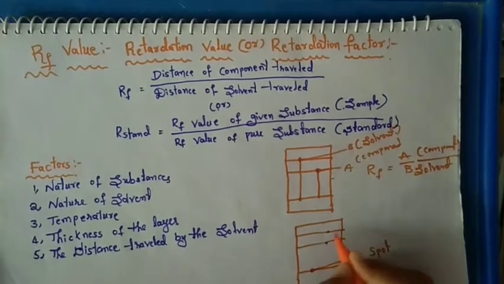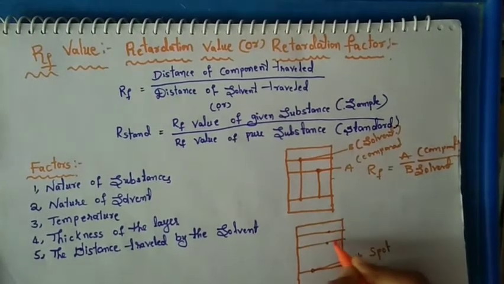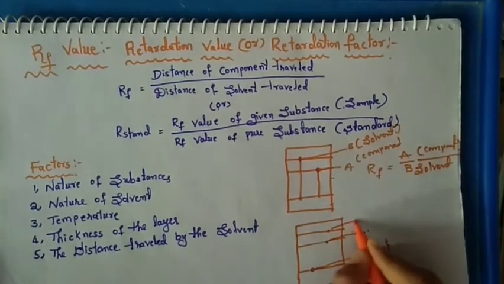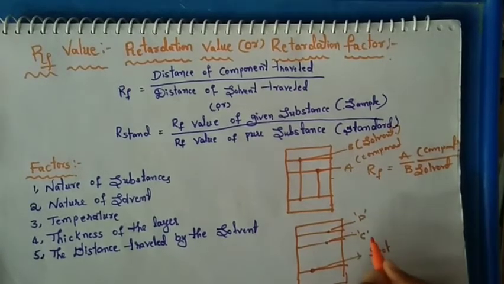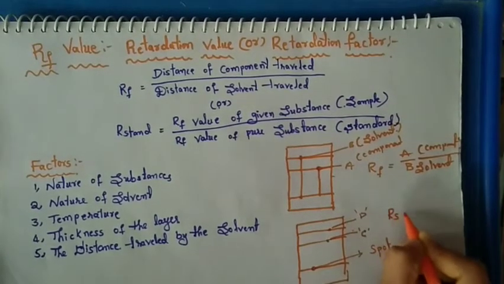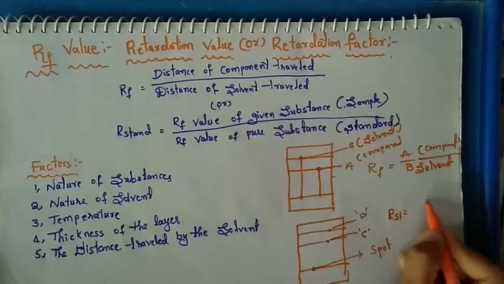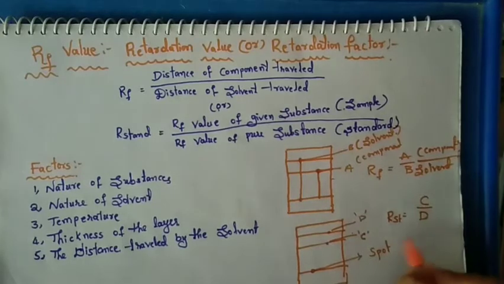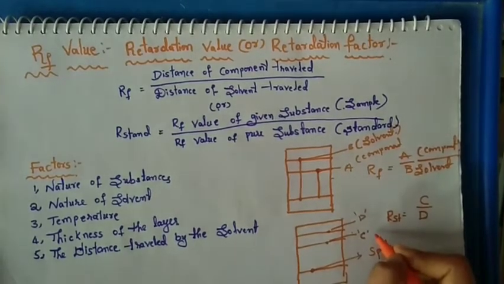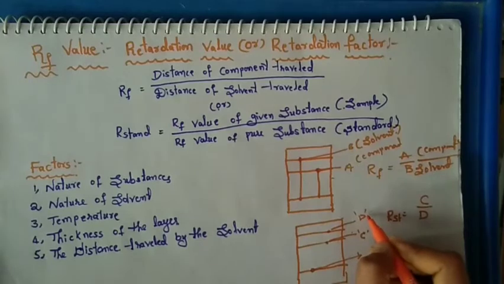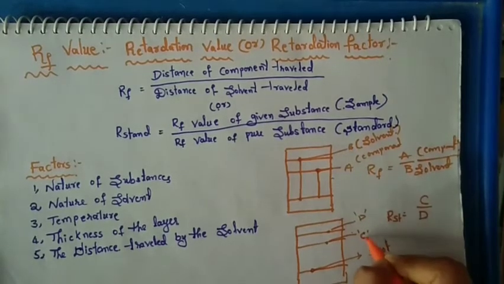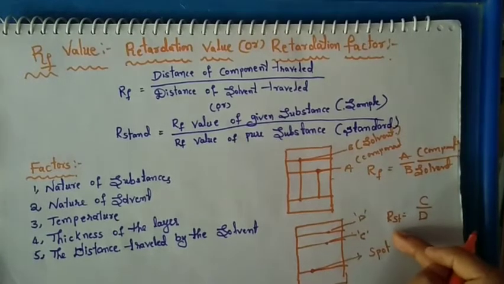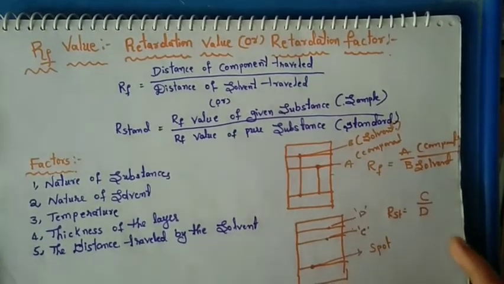The compound names are C and D. So now R stand is equal to C by D. ST means standard. R stand is equal to C by D.